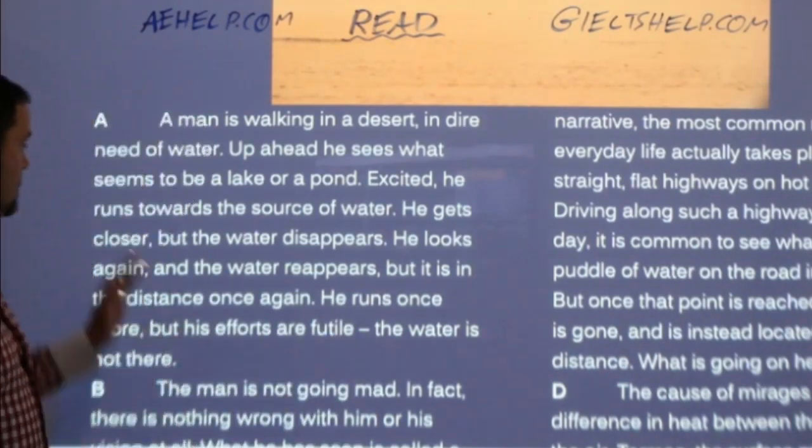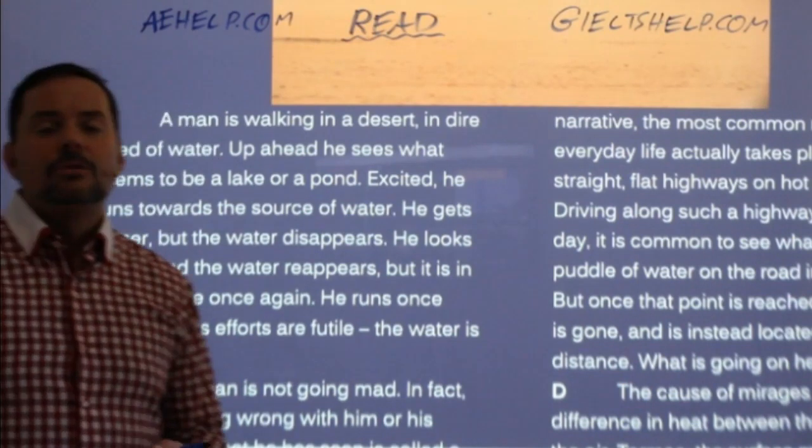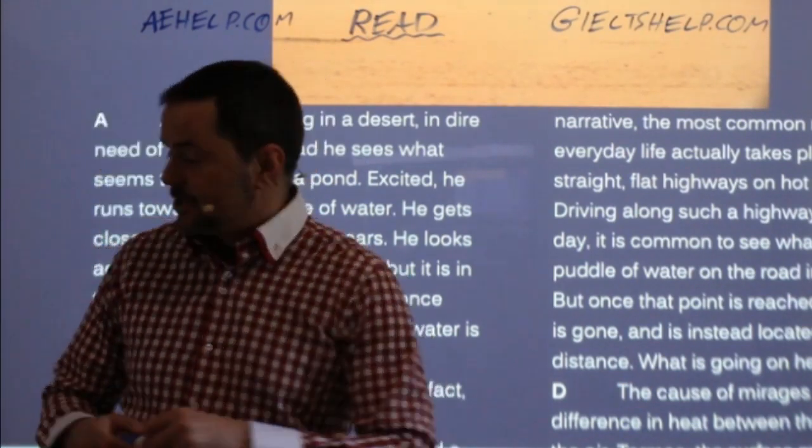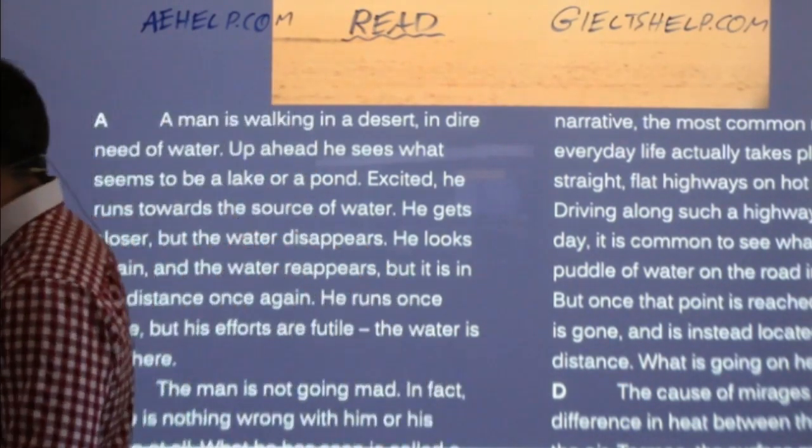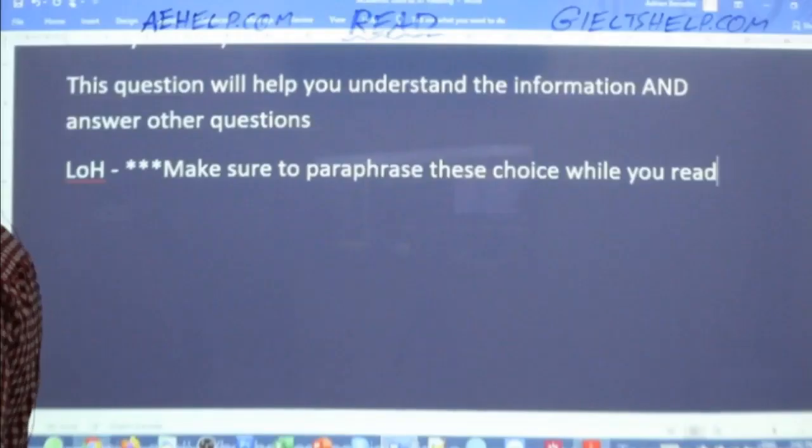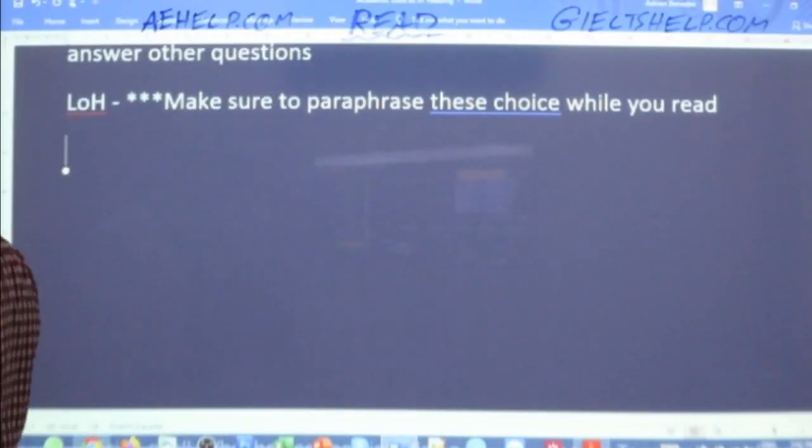Okay, so this is paragraph A. Now, to give the correct answer for the list of headings, what should I do? So what should I do? This is the most important step to improve your list of headings score. Okay.